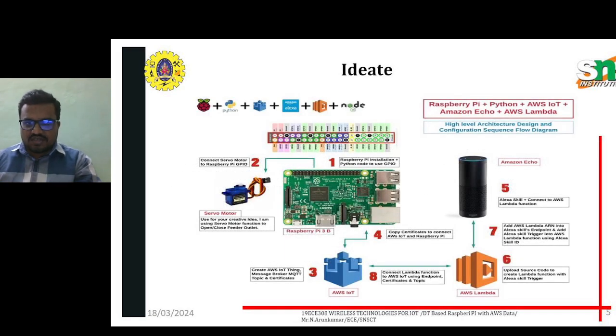Ideate process. After installing the particular code or operation on the operating system, we need to check which information is correct and which needs to be updated. This has to be followed in the ideate process.